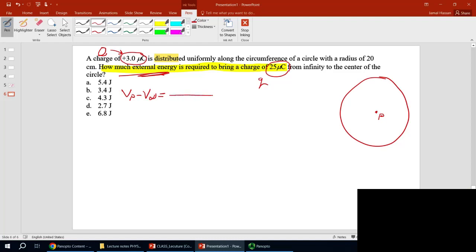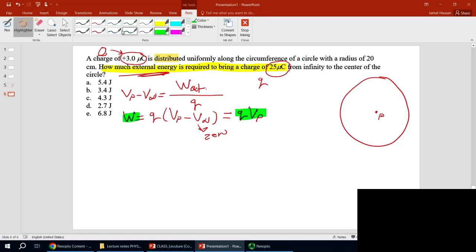And this is simply equal to the work done by the external agent divided by the q that you want to bring to that point. So work in this case is equal to q multiplied by Vp minus V infinity, which is equal to q Vp, because V infinity is equal to 0. So this is our equation.